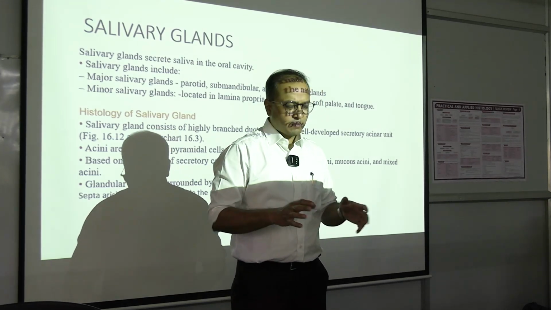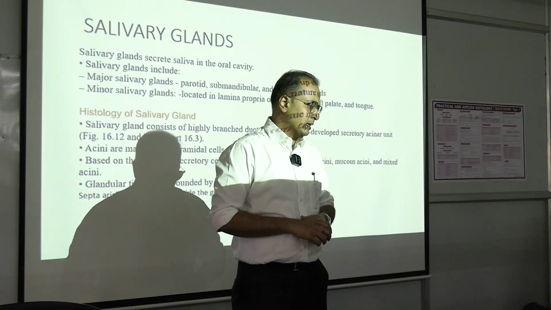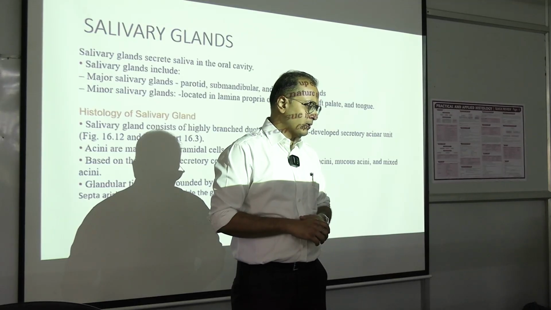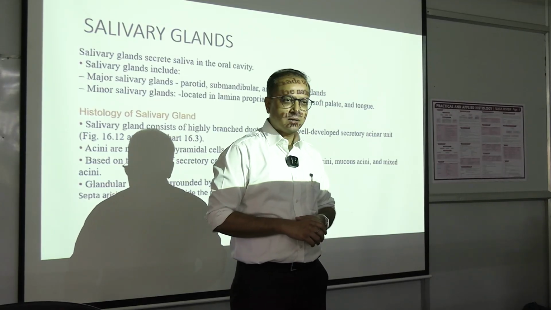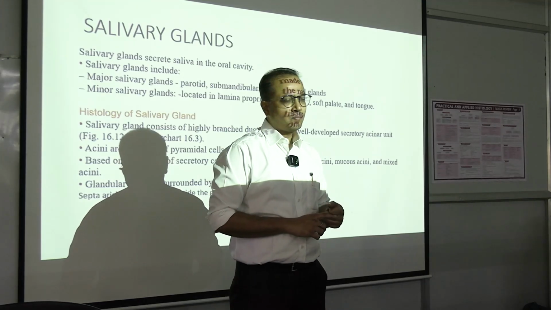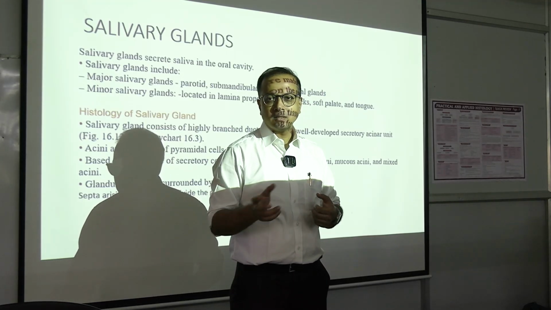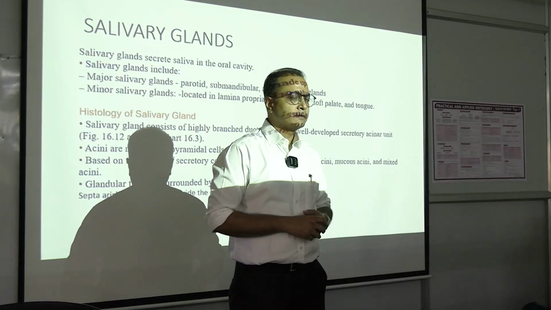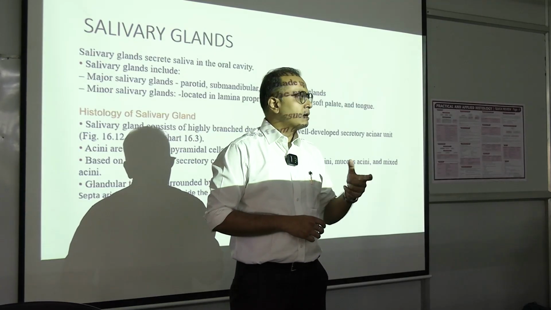Now, these are the basic things about saliva and salivary glands, and as we are seeing, three pairs of them are there. The parotid gland is the largest one, then we have the submandibular and the sublingual. Sublingual is the tiniest one, and the middle one is the submandibular.